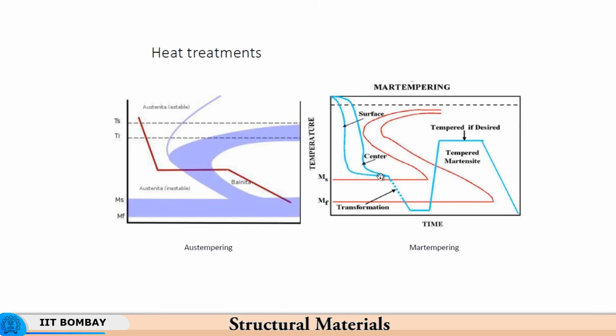So the transformation takes place to martensite because the temperature time transformation diagram is no longer interfering here. You have already missed the nose of this diagram, and therefore there is no transformation taking place by any kind of diffusion. So this transformation to martensite is diffusionless.